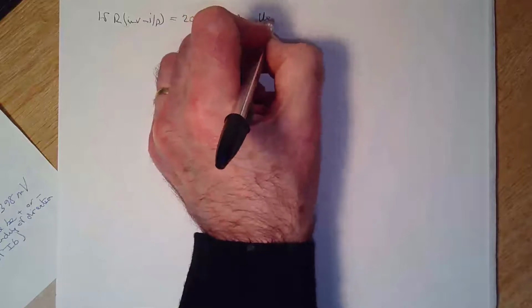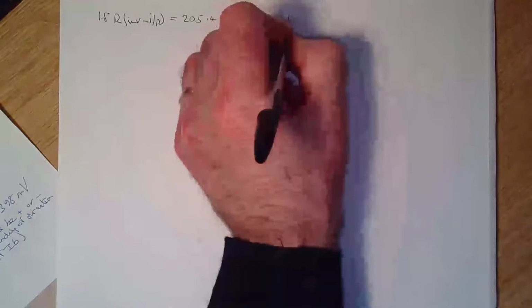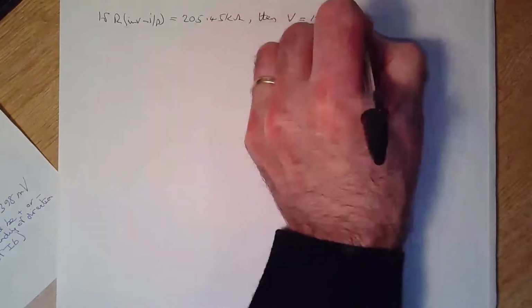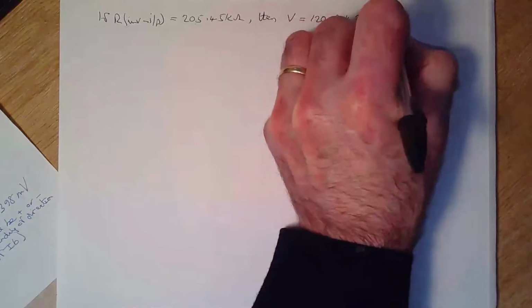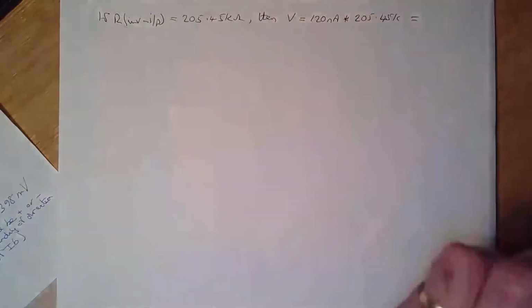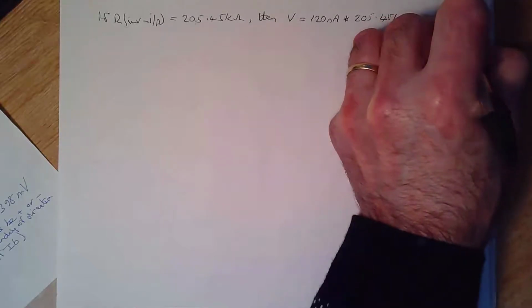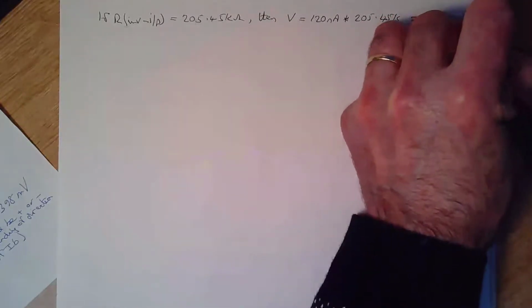If R at the inverting input equals 205.45 k ohms, then V equals 120 nanoamps times 205.45 k, which equals 24.654 millivolts.